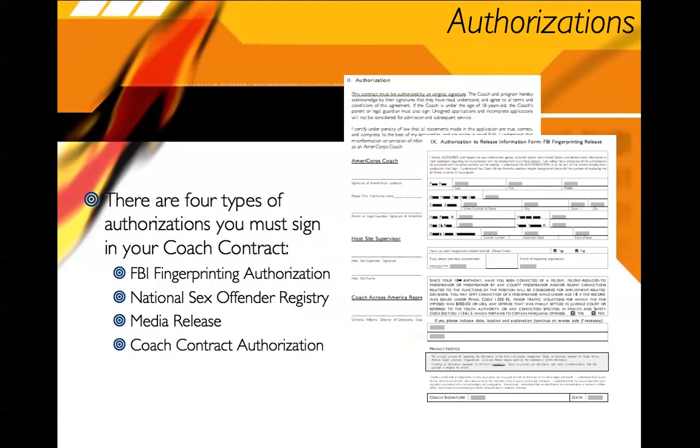And then finally, the coach contract authorization, which is the page that indicates that you have read, understand, and agree to all the terms and conditions of the coach contract. All of these are really critical pieces of the contract.